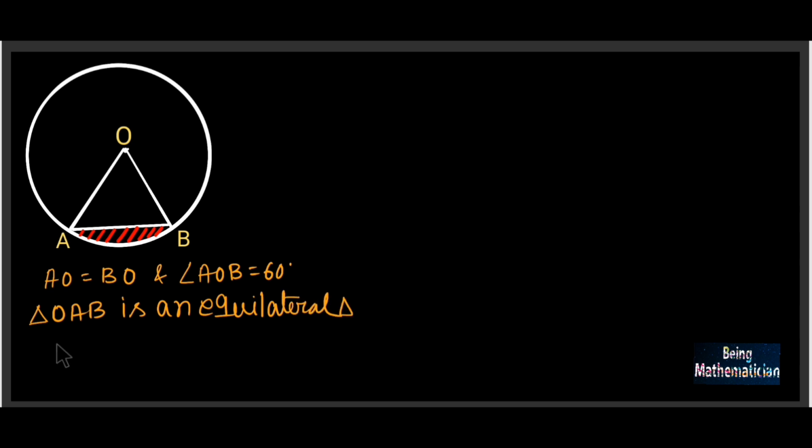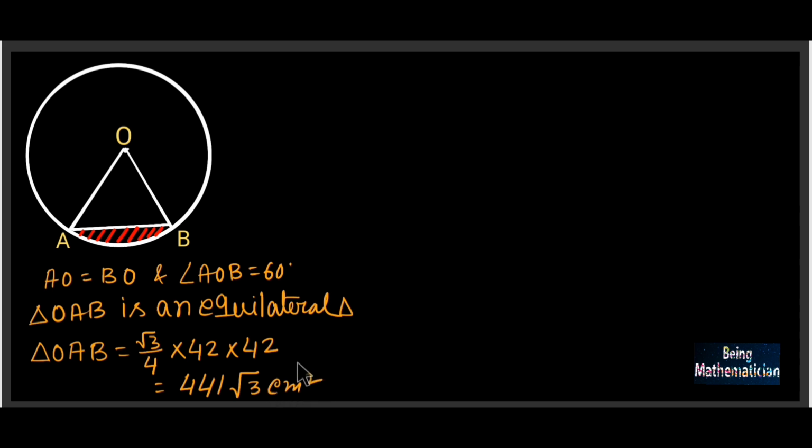So we can find the area of this triangle OAB, and it must be root 3 by 4 into 42 into 42, which is equal to 441 root 3 centimeter square.